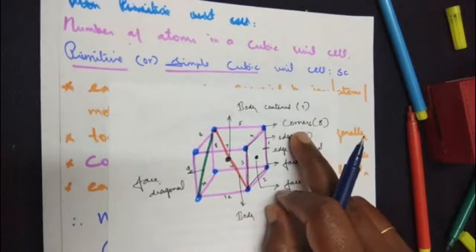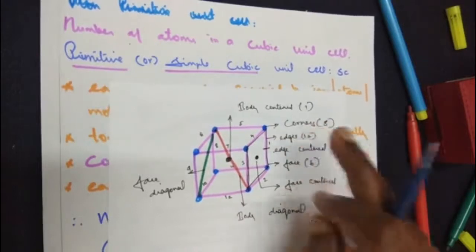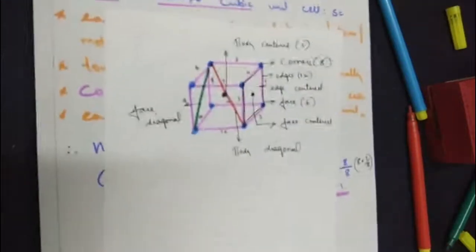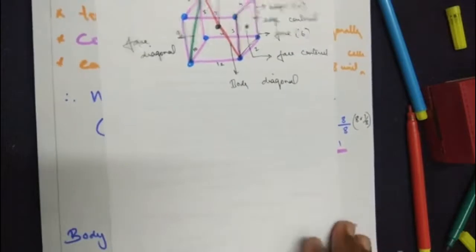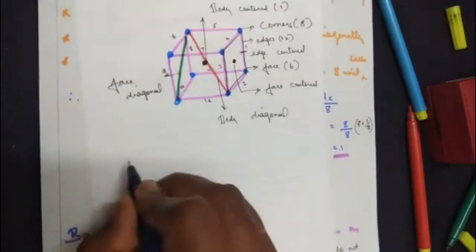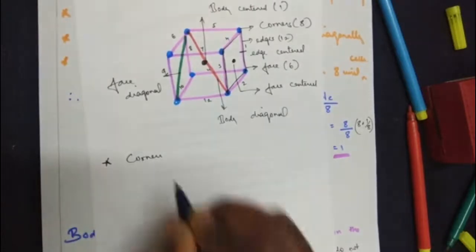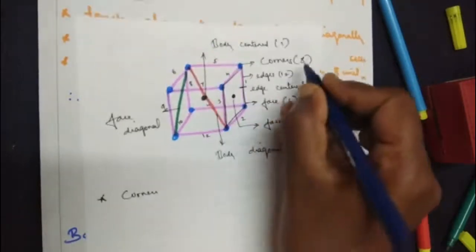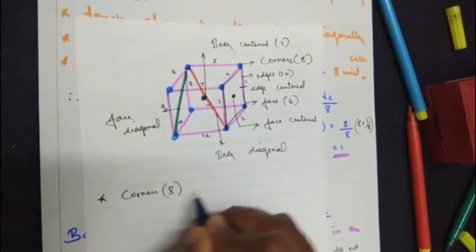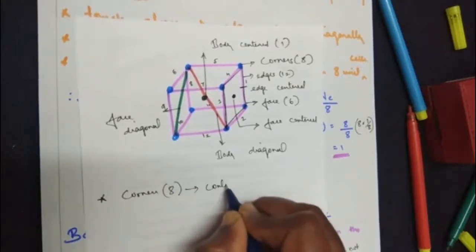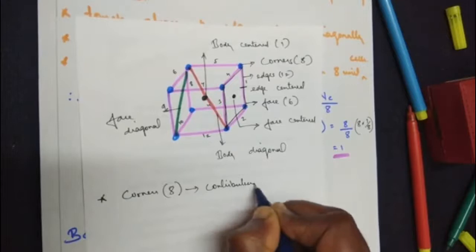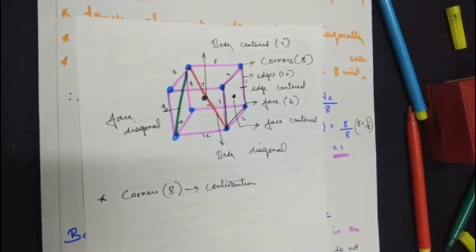Now we need to see their contribution to calculate the number of atoms. The small trick I will give you might help you better. Point number 1, corners. How many corners are present? 8 corners are present, but what's the contribution of a corner to a single unit cell?